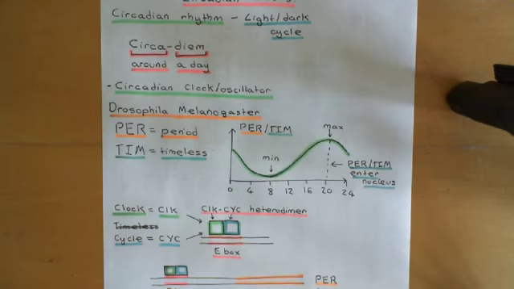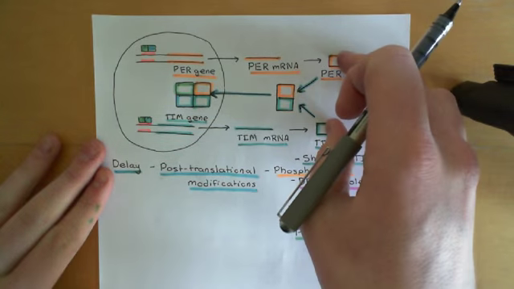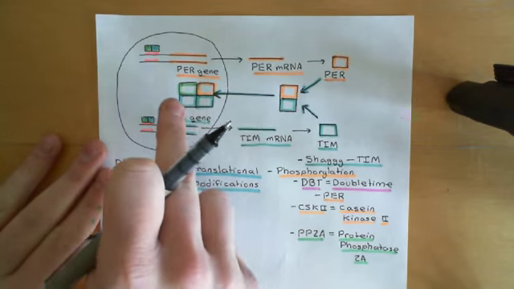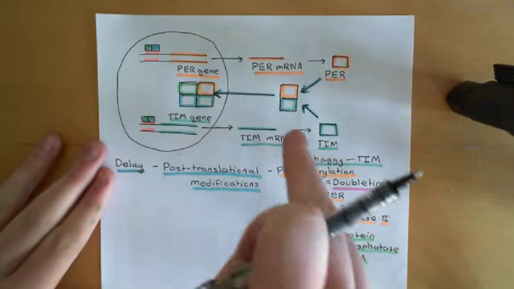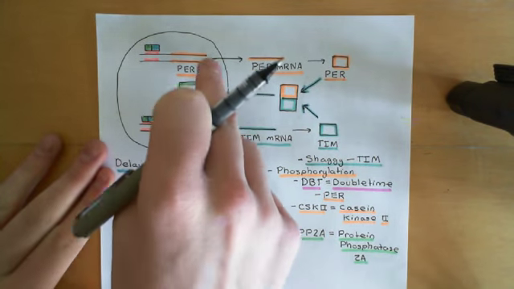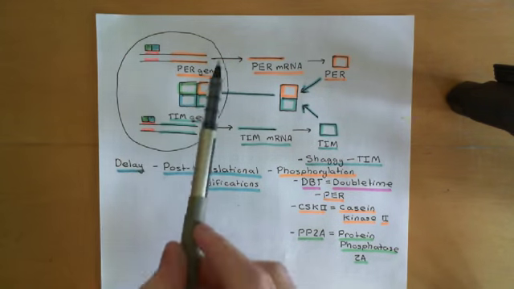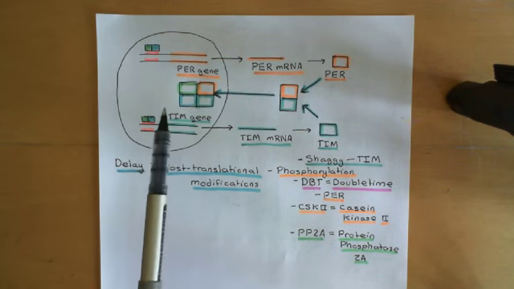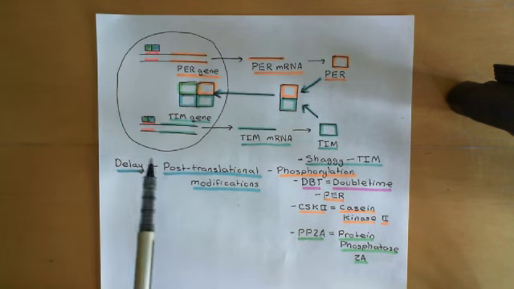Now again, there is some great delay here, okay, because even though period and timeless levels are going down in the cytoplasm, it takes an incredibly long time for that reduction in the cytoplasm to then actually translate to a reduction in the nucleus. So the period timeless heterodimers that have actually made it into the nucleus, it takes an incredibly long time for them to actually be degraded, basically.